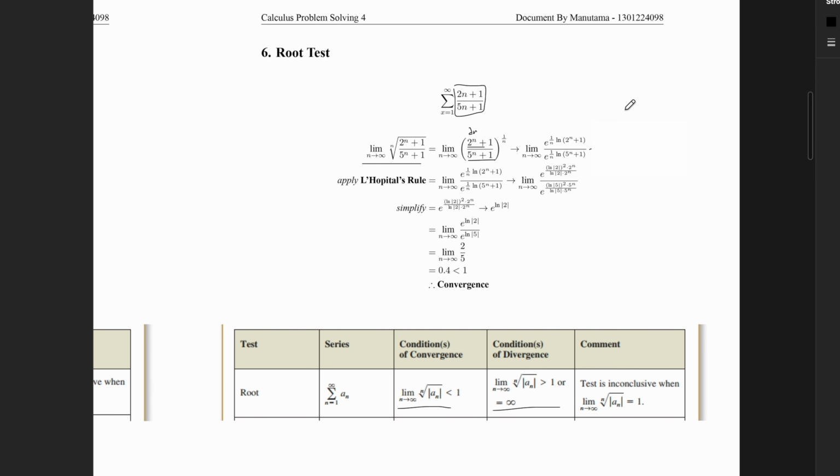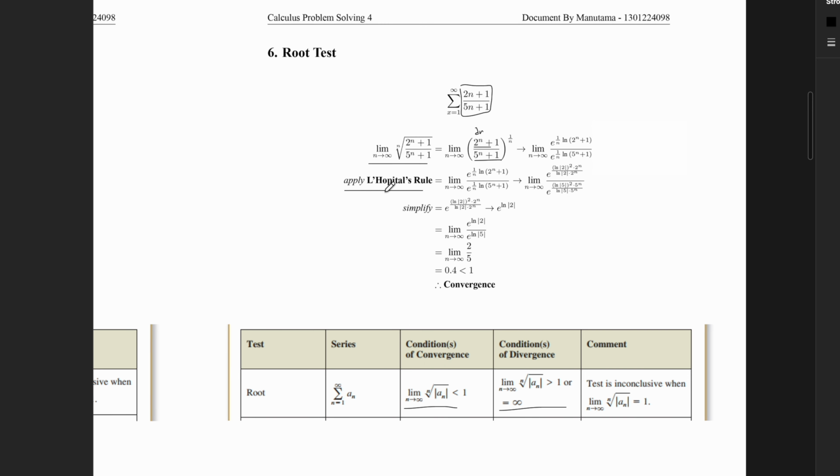We can't have that, therefore we're going to apply L'Hopital's rule. So this form becomes this form.